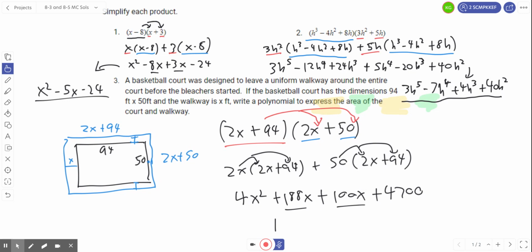So my final answer here is 4x squared, and then I'll combine the x's. 188 combined with 100 is 288x plus 4,700. And that is a polynomial to express the area of the court and walkway.